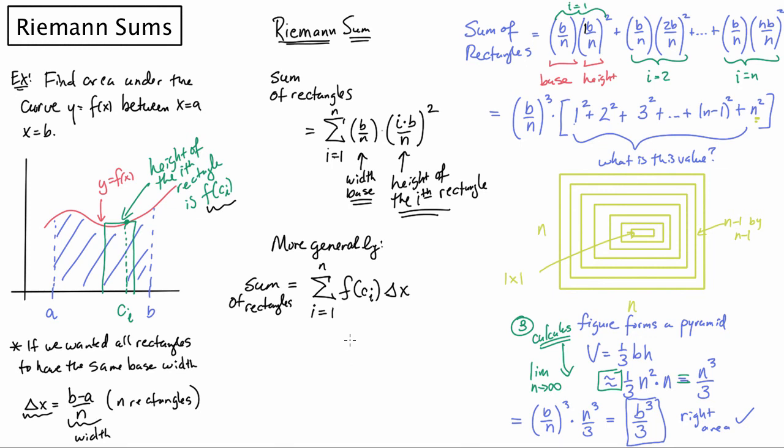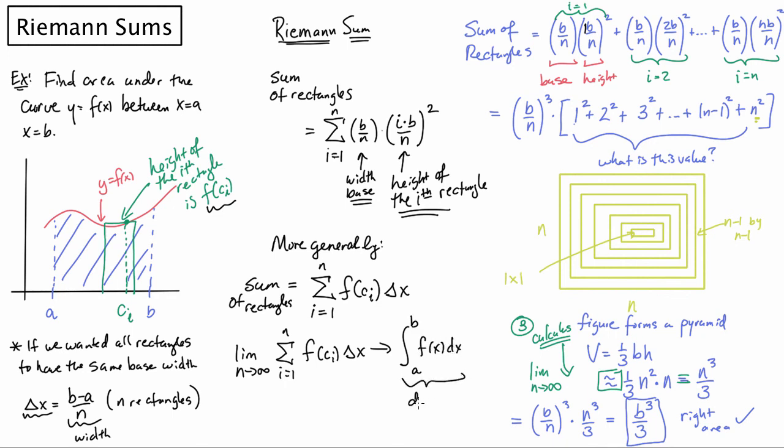And what's interesting about this is if you take the limit as n goes to infinity of the sum of these rectangles, then this is our definition of the integral from a to b of f of x dx.